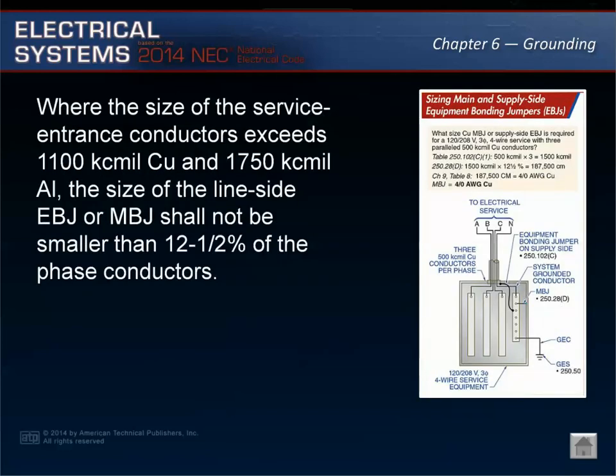Where the size of the service entrance conductors exceeds 1100 kcmil copper or 1750 kcmil aluminum, the size of the line side equipment bonding jumper or main bonding jumper shall not be smaller than 12.5% of the phase conductors. If the service entrance conductors are run in parallel, the equipment bonding jumpers shall also be run in parallel. Unlike grounded conductors, equipment bonding jumpers, when run in parallel, shall be full-size conductors based on the largest conductor in each raceway or cable.